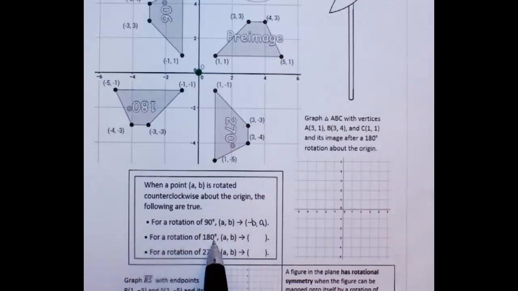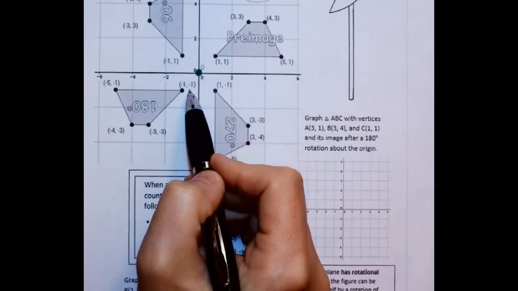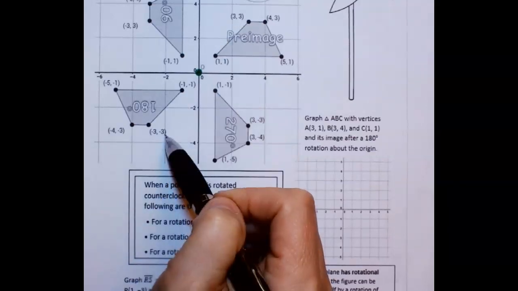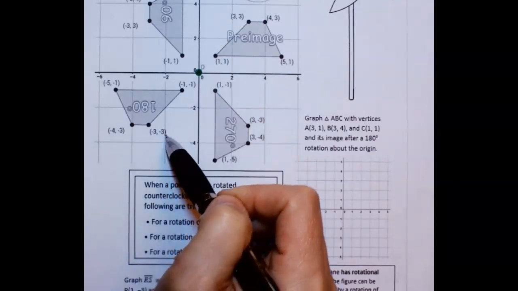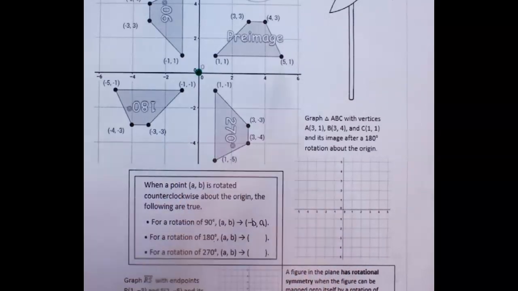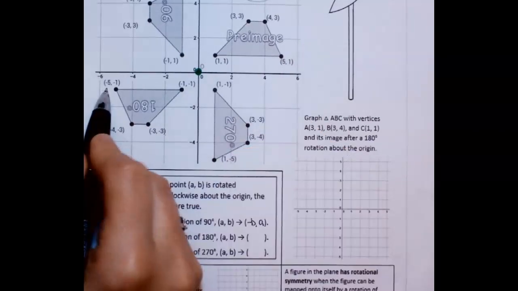Now let's go look at a rotation of 180 degrees. So again, let's take a look. You've got 1, 1 to negative 1, negative 1. 3, 3 became negative 3, negative 3. So first of all, notice they're both becoming the opposite of what they were, but let's see if they're changing locations. Let's look at this one. 5, 1 became negative 5, negative 1.